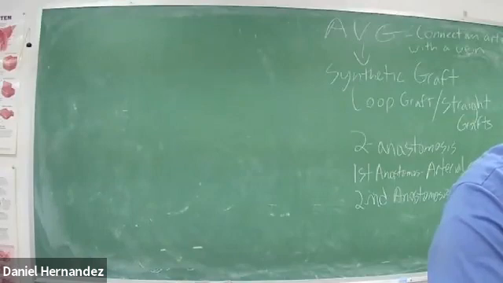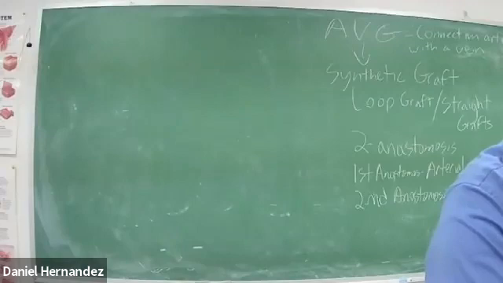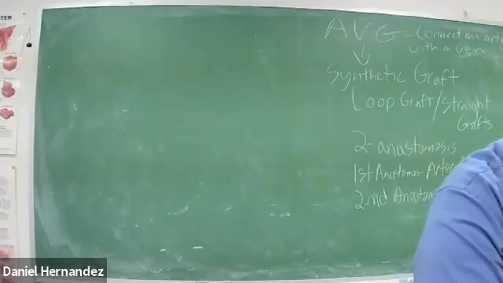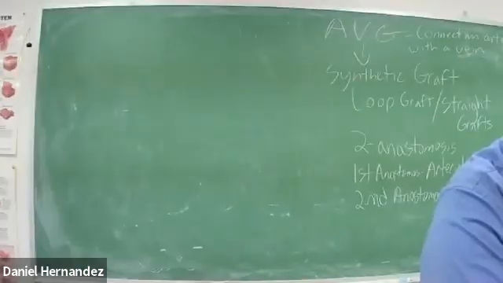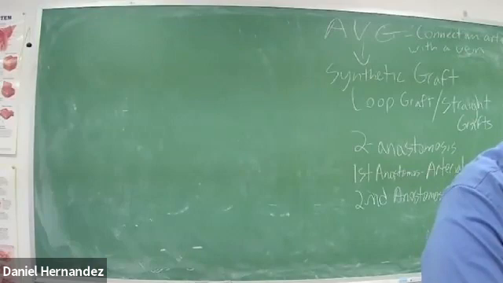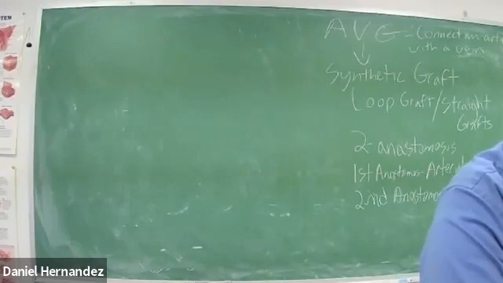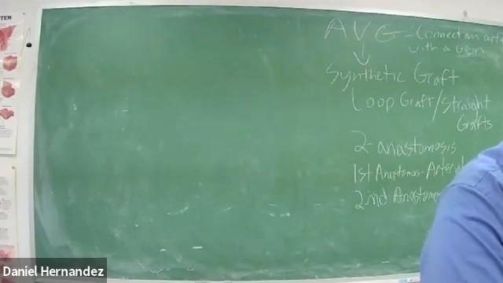Do you guys know what a VQ scan is? The ventilation quotient scan, the nuclear medicine test to detect the perfusion in the lungs. So it's called the ventilation quotient scan. It can also be used to determine the possibility of a patient having a PE, and it's graded as low, medium, or high probability.